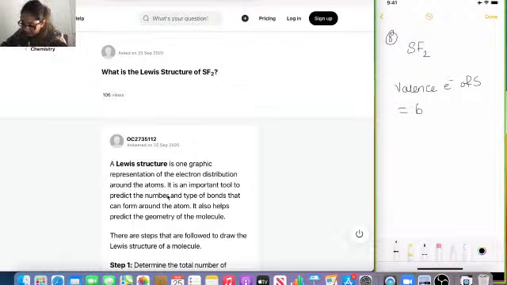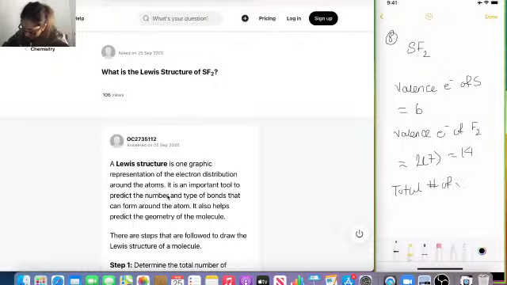And one fluorine atom has 7 valence electrons. In this case we have 2, so it would be 2 times 7 and it will equal 14. So if you add this together, the total number of valence electrons is 20.